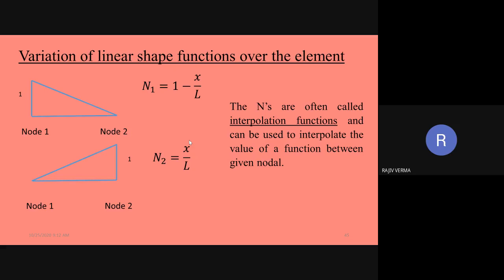But what if you require the value of the unknown parameter somewhere in between 2 nodes? In that case, we use the interpolation functions. The n's are often called interpolation functions and can be used to interpolate the value of a function between the given nodes.